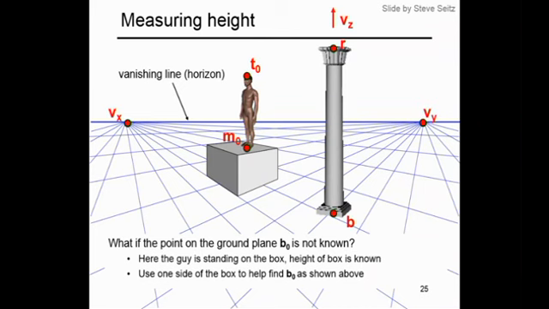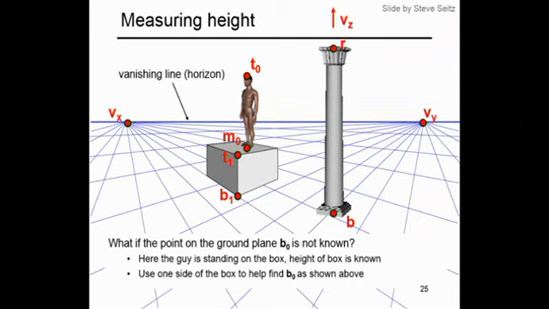We want to figure out where the guy is standing above the ground, because only if we know that point can we make a vertical line through the guy. Then if we know the height of the box, we can measure the height of the guy compared to the box, or we can construct lines through the base of the man on the ground with the base of the pillar.